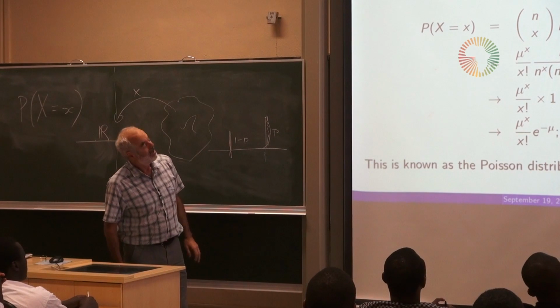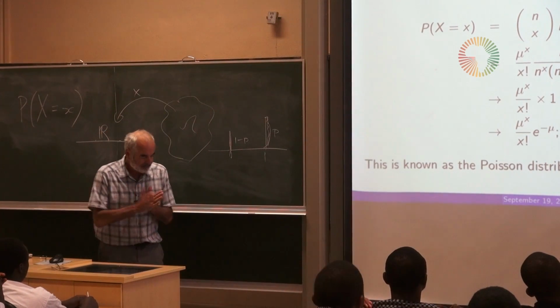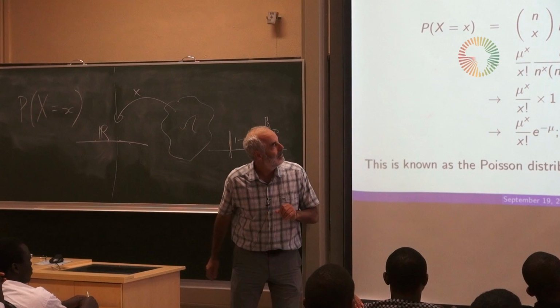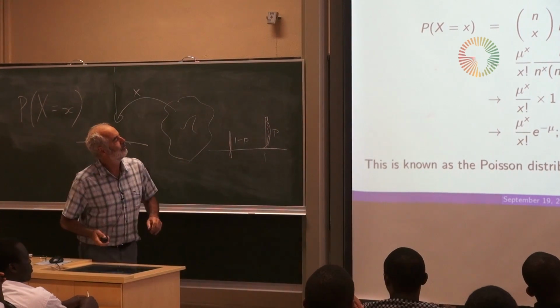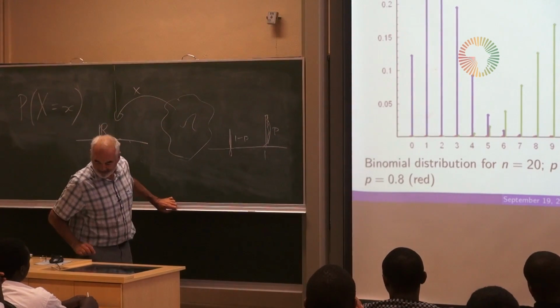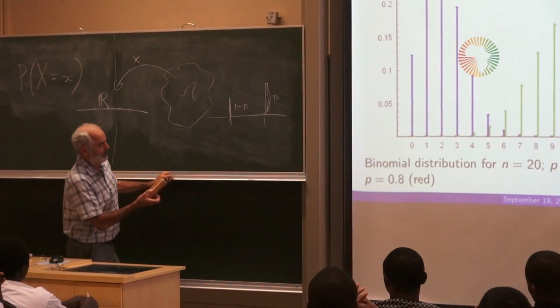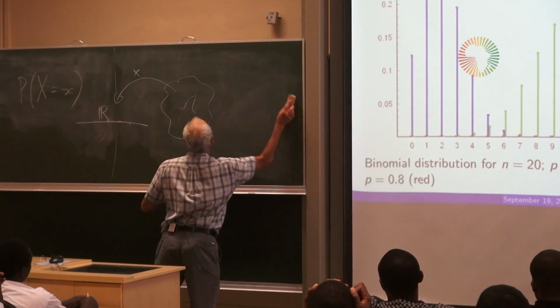Okay, so, yes, now this is an interesting one. Actually, I won't go straight to that. I will do this. Let's pretend we were doing a binomial, we were playing a lottery.